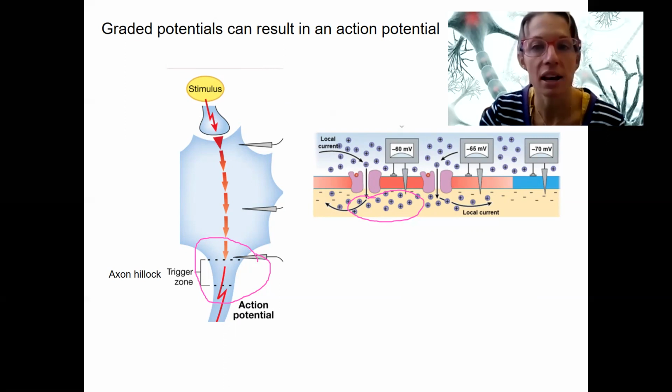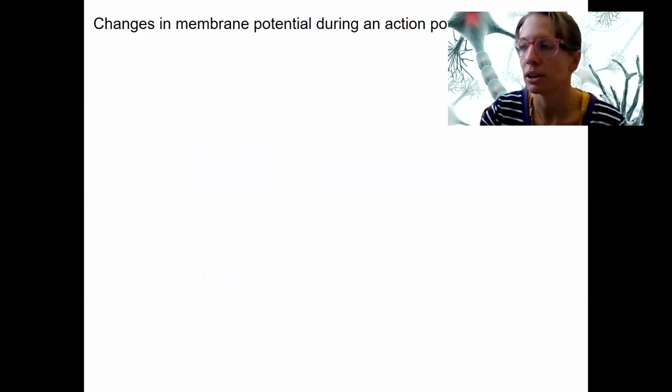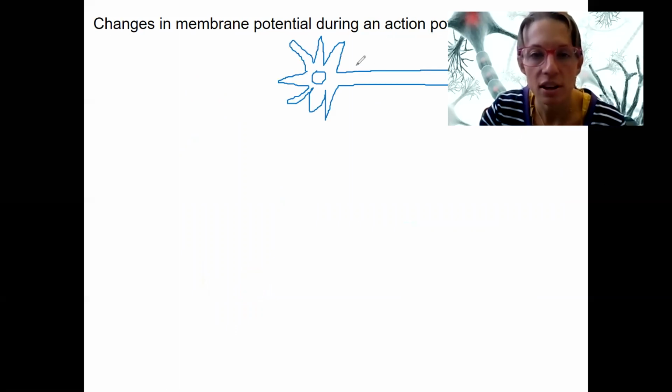Okay, so I think we're set to go ahead and break down the action potential. Let's do it. So again, remember, we are talking about the changes in membrane potential within one small section of the membrane.